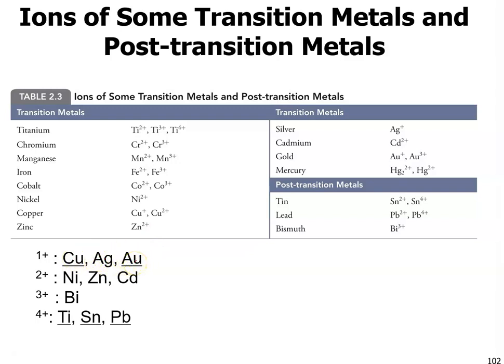Gold will typically be a +1, but can be a +3. Titanium is going to mostly be a +4, although it can be found in other forms; this is the primary state. Tin is typically going to be a +4, not a +2, although it can be. Just examples of that.